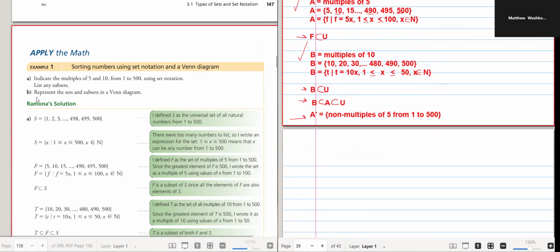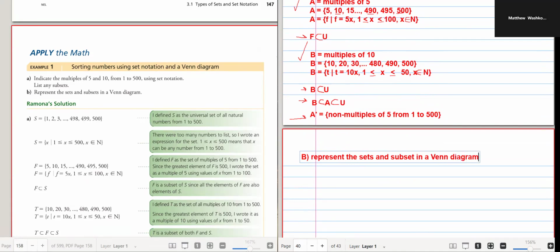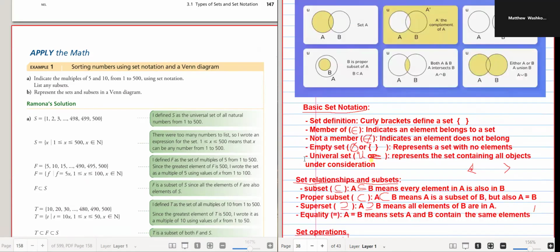So the next thing we want to do, question B, is represent the sets and subsets in a Venn diagram. Now, what's a Venn diagram? That is this stuff up here.